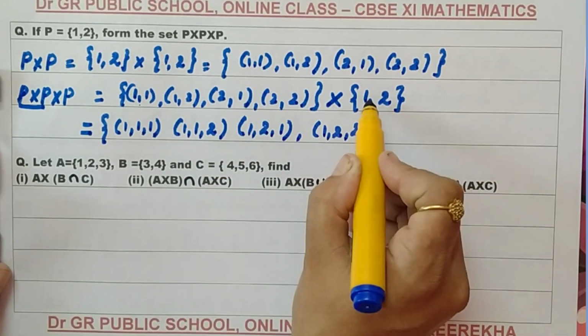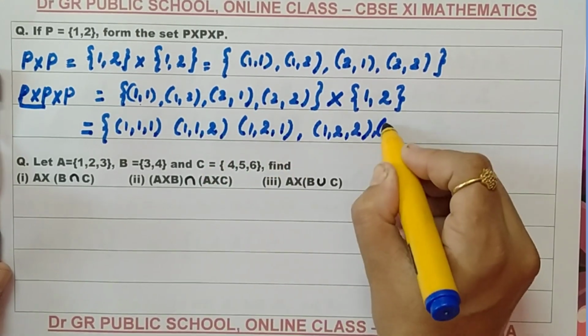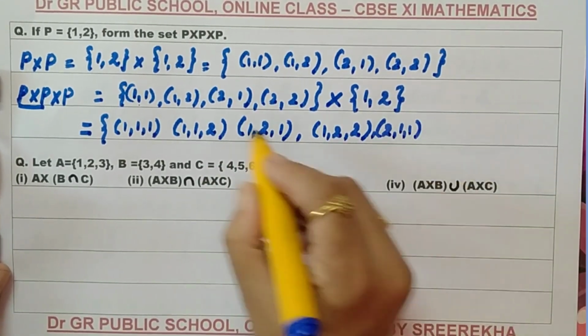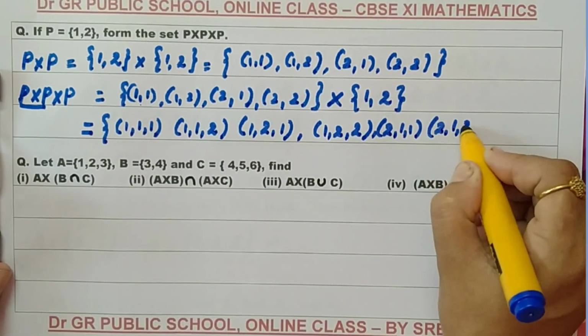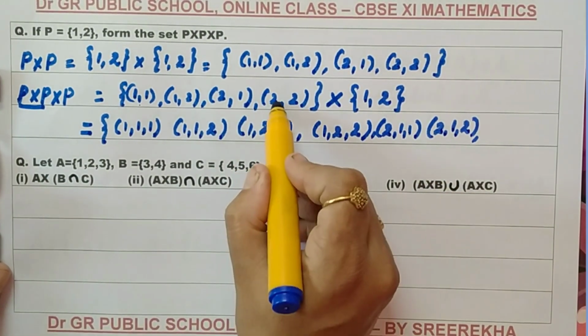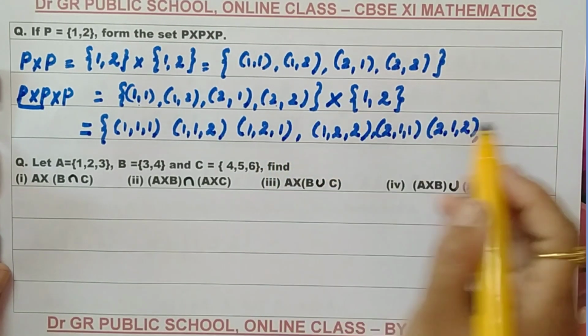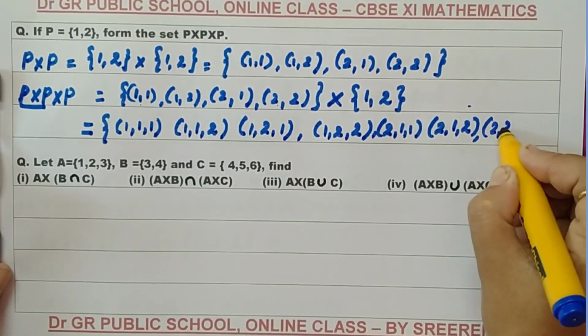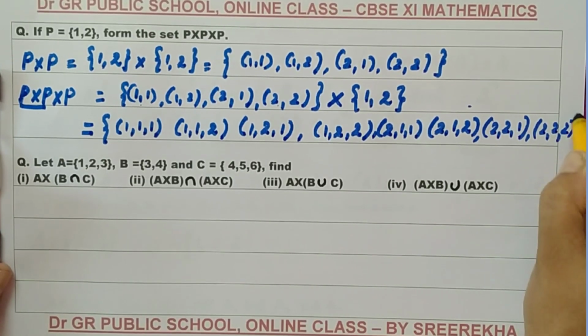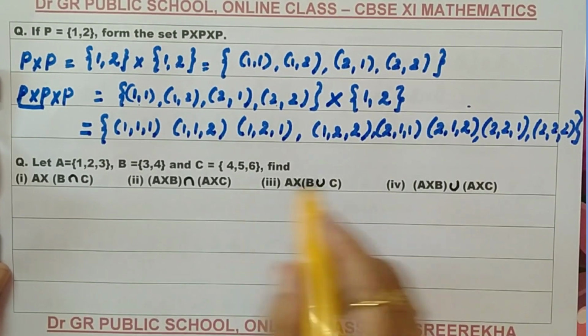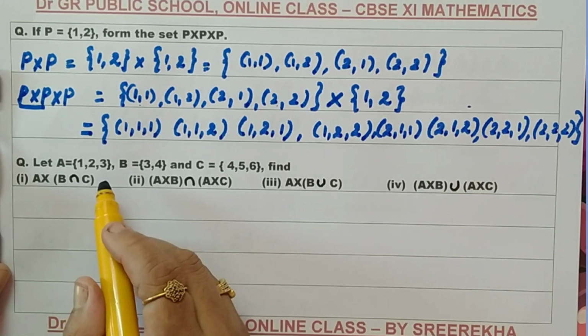Then (2, 1, 1), (2, 1, 2), then (2, 2, 1), and (2, 2, 2). So these are the possible ordered triplets.